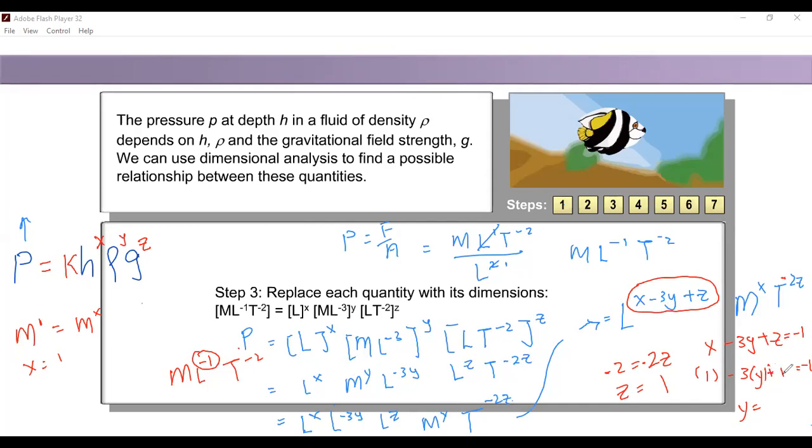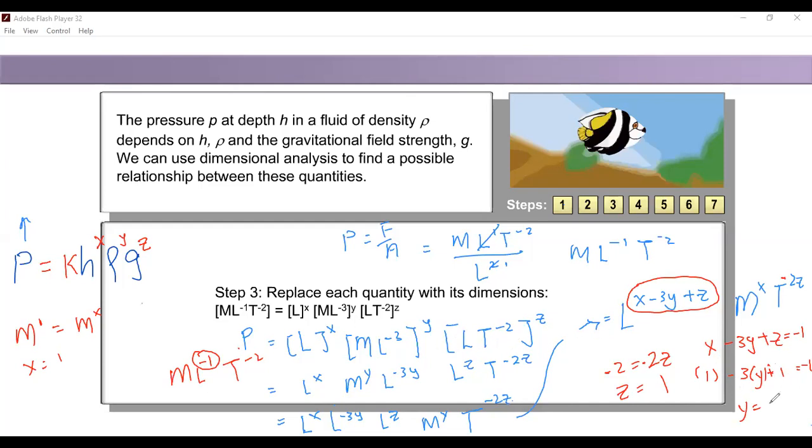Y don't know. Z also is 1. Is equal to -1. Okay. -1, -2, -3.